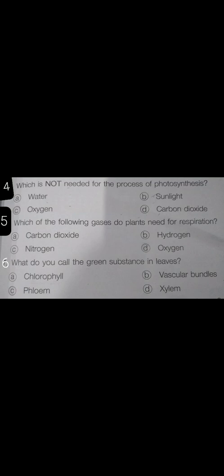A, water. B, sunlight. C, oxygen. D, carbon dioxide. You have to choose the correct answer and write down the correct letter and the answer. Number five, which of the following gases do plants need for respiration?